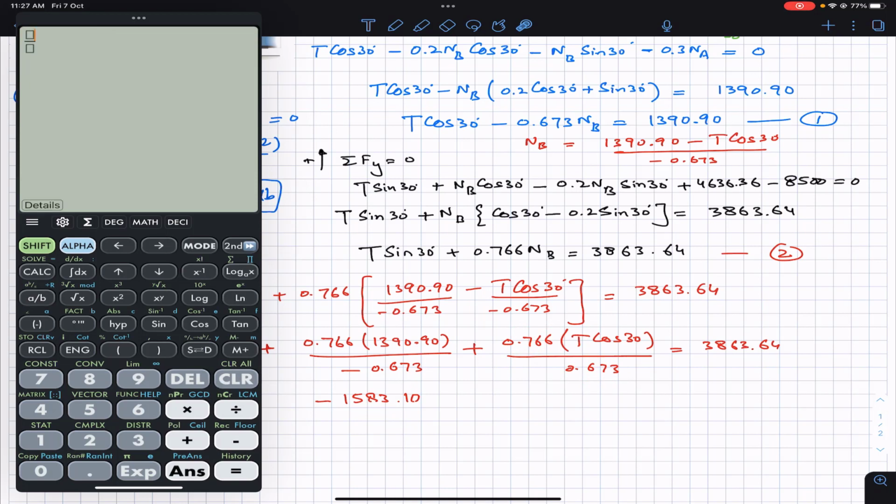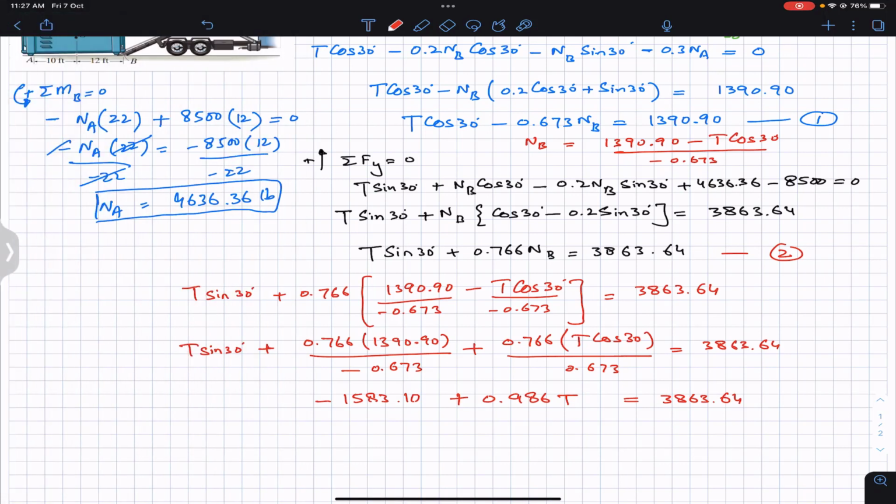So this is 0.766 into cos of 30 divided by 0.673. So this is plus 0.986 T equals 3863.64, and here we will have T sine of 30.